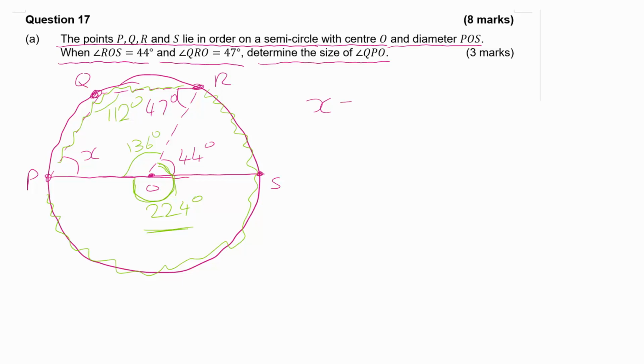So the angle we called X, the angle we're after, is going to be 360 because we're in a quadrilateral. Take away 112, take away 47, take away 136, and that gives me 65 degrees.